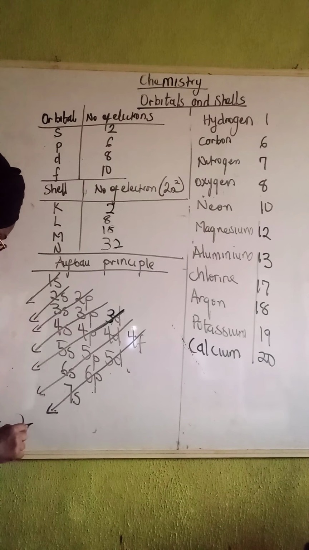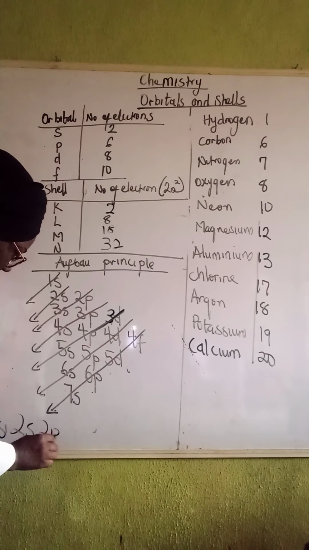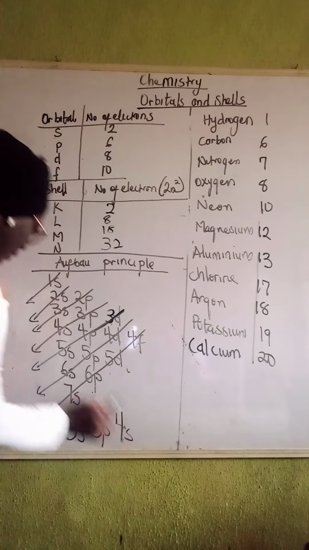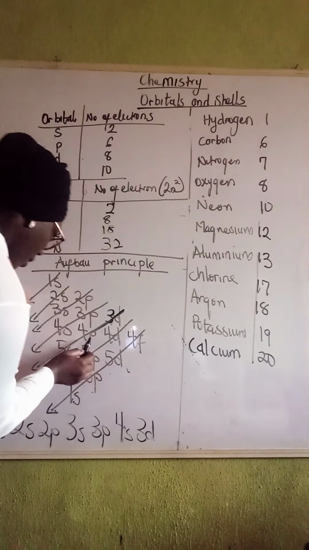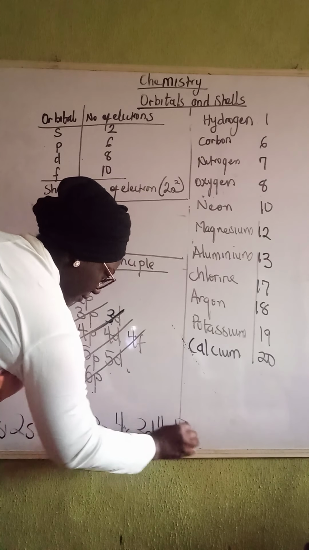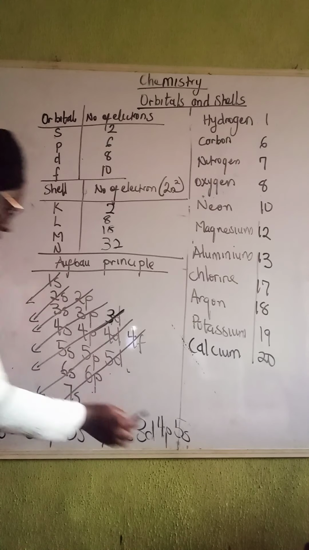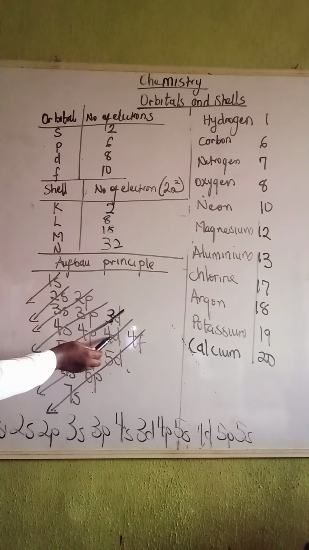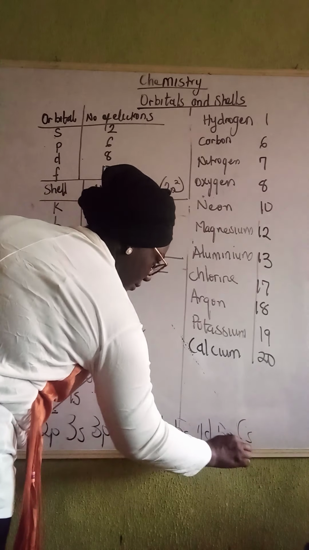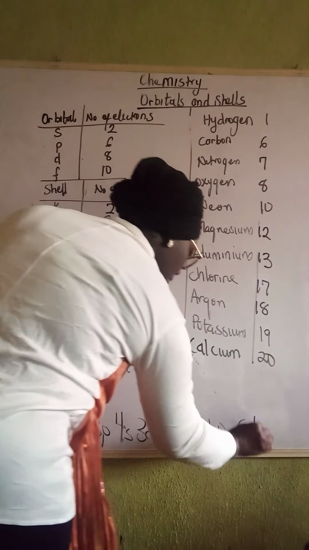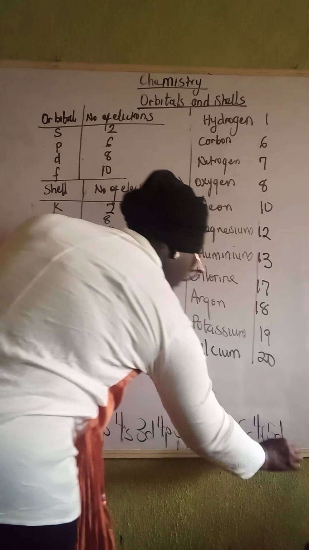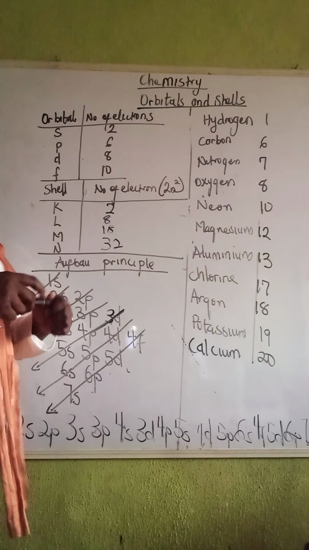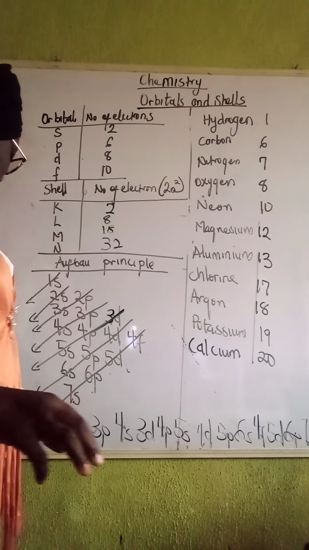Followed by 2s, 2p, 3s, 3p, 4s, 3d, 4p, 5s, 4d, 5p, 6s, 4f, 5d, 6p, and 7s.